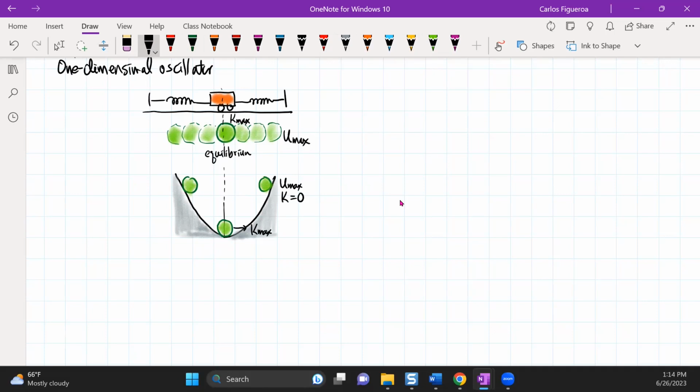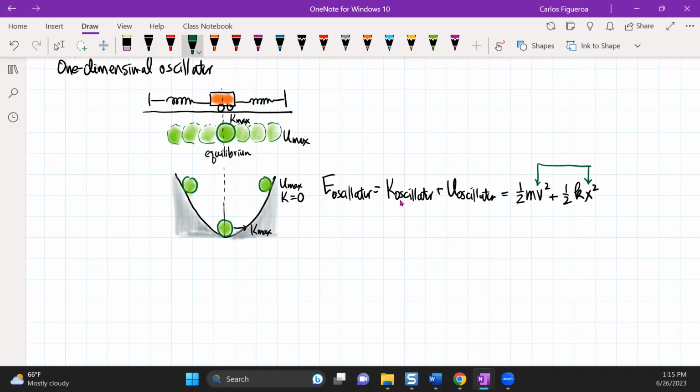The energy of the oscillator has both kinetic energy plus spring potential energy, 1/2 mv squared plus 1/2 k x squared.